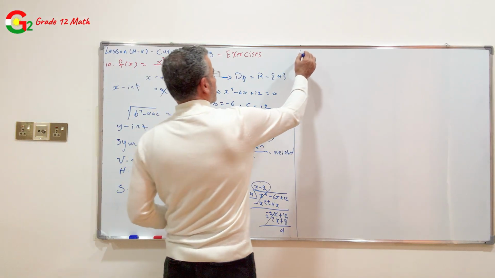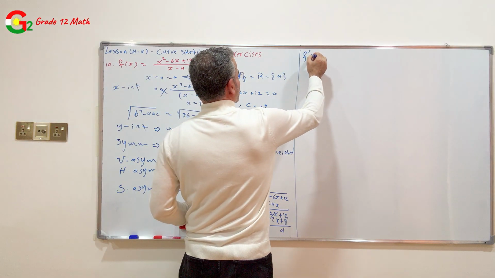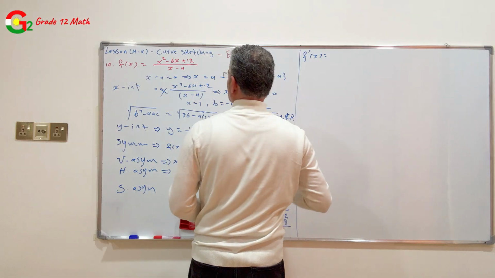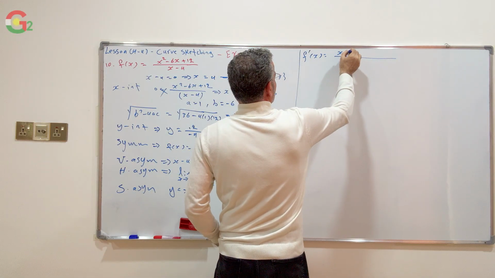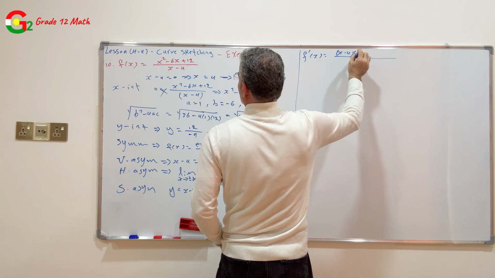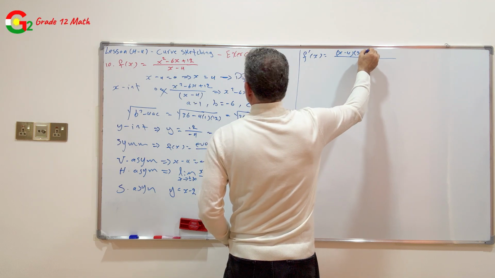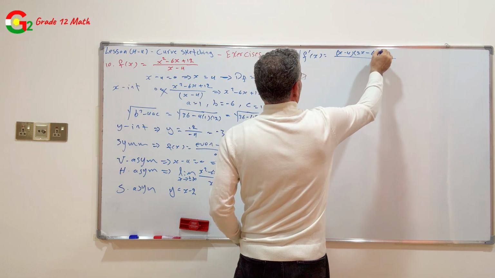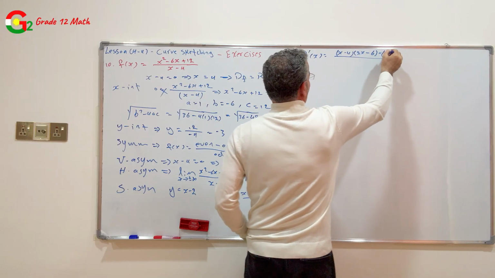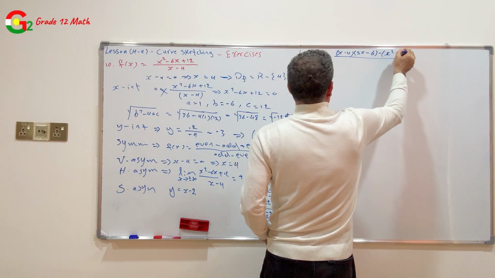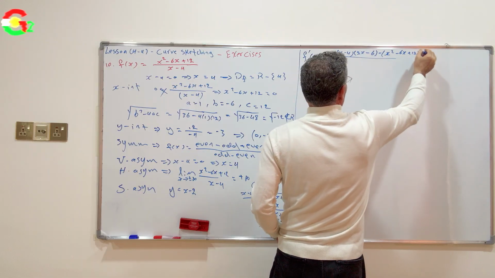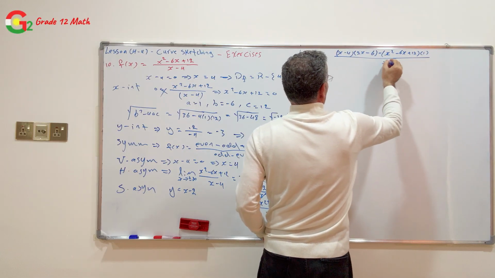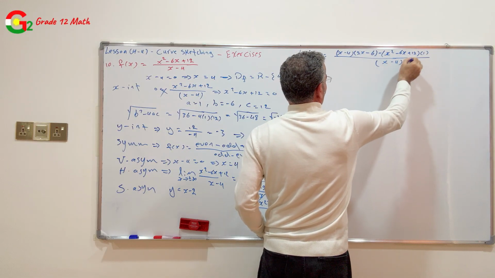To find the intervals of increasing and decreasing, find f prime of x, equal to the denominator x minus 4 times the derivative of the numerator 2x minus 6, minus the numerator x power 2 minus 6x plus 12 times the derivative of the denominator 1, over denominator squared.